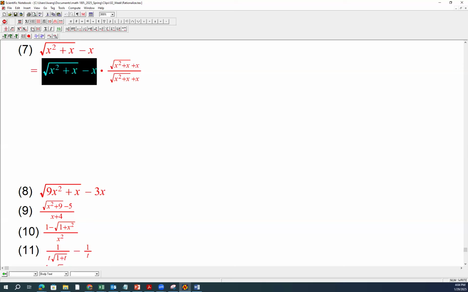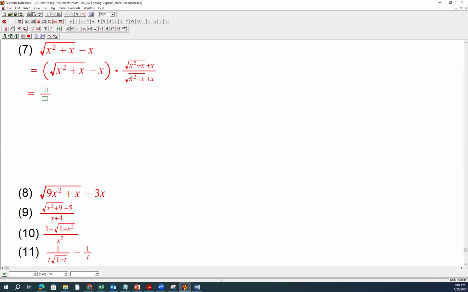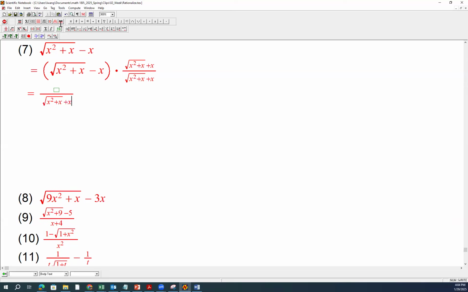So it's better we have the parentheses. So now, denominator times denominator. This piece of denominator is 1, so the denominator is only that piece. The numerator, this numerator multiplied by the other numerator. So a minus b times a plus b.